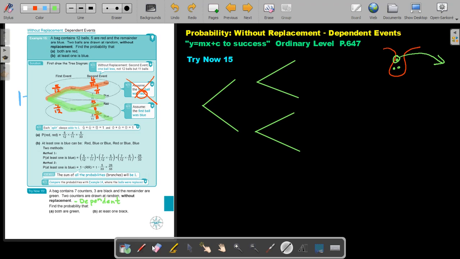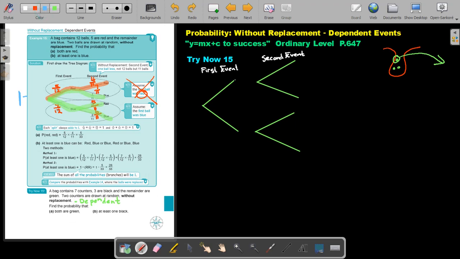Can you remember that this is the first event and this is the second. Okay, so what are the 2 outcomes? Let's just write the 2 outcomes.